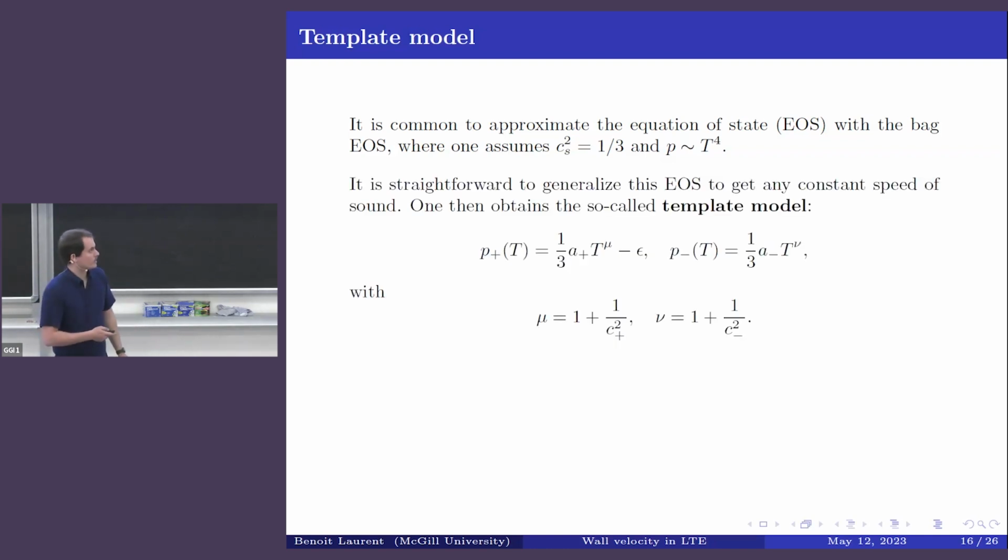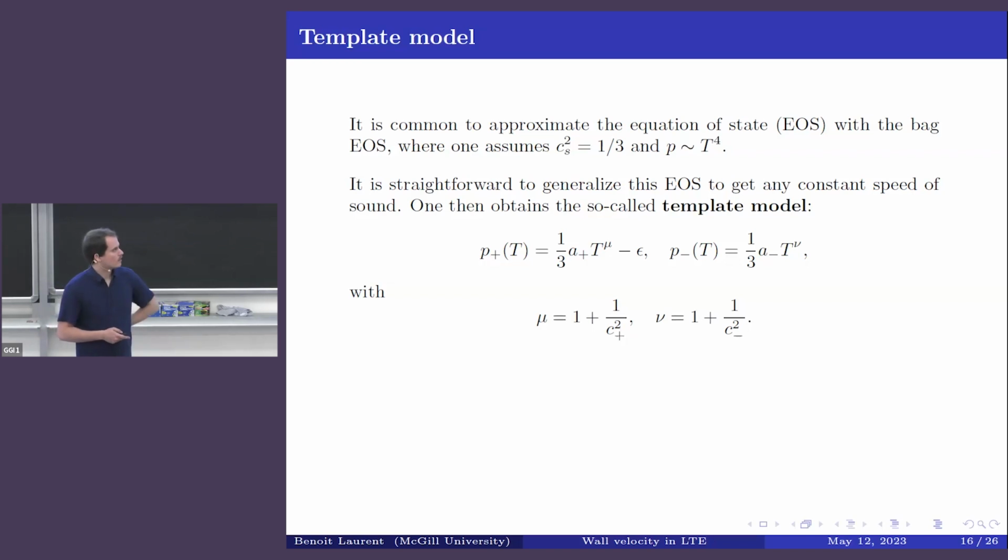It turns out that we can generalize this bag equation of state to the so-called template model, which is essentially the same, but the speed of sound can be whatever you want. So here the pressure will be proportional to T to the mu or T to the nu, and mu and nu can be related to the speed of sound through these equations here.